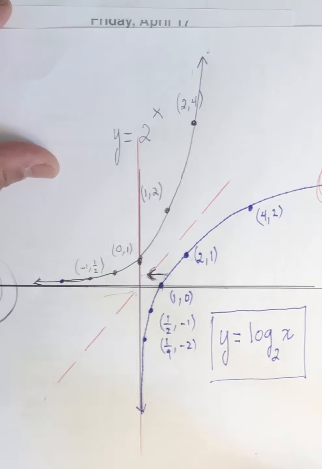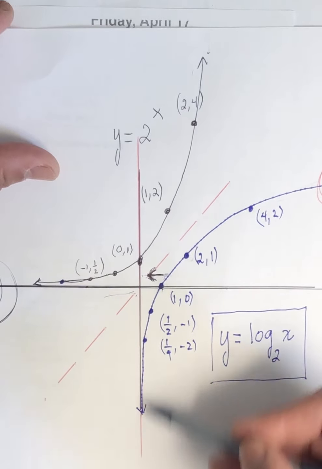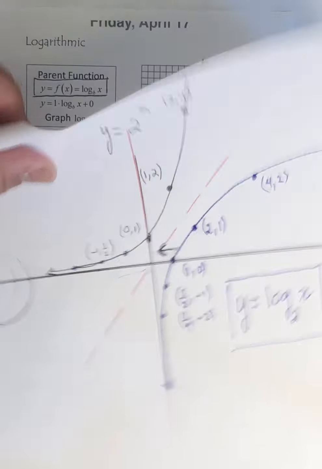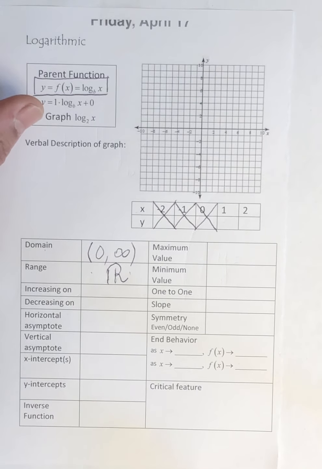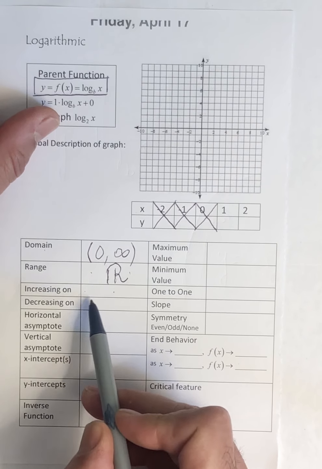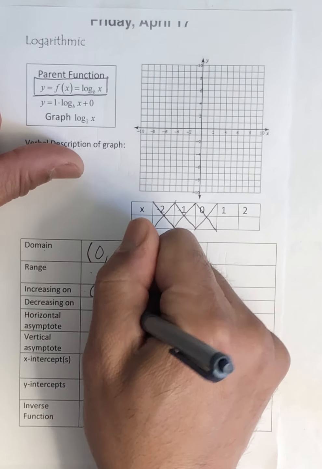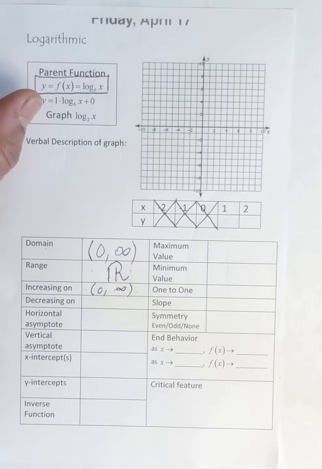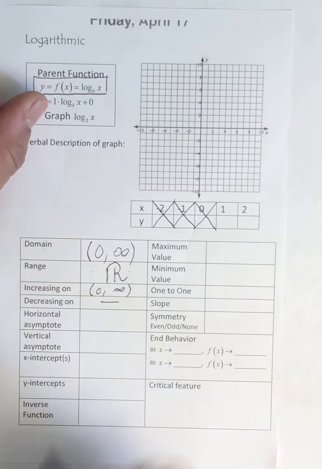So most people might say it's always increasing on its domain. So wherever it's defined, it's an increasing function, it being the logarithmic function. So I can either say always, or I can say always on its domain, or I can actually just say, hey, from 0 to infinity, this function increases, right? Does it ever decrease? No, it does not.